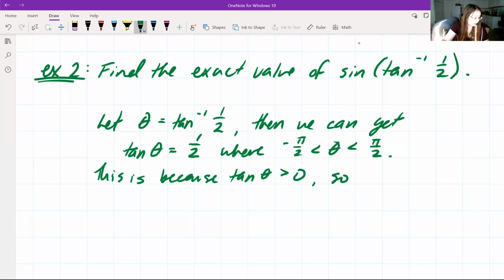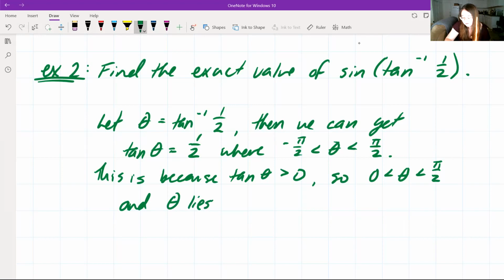So theta is actually going to be between 0 and pi over 2, which means that theta lies in quadrant 1.